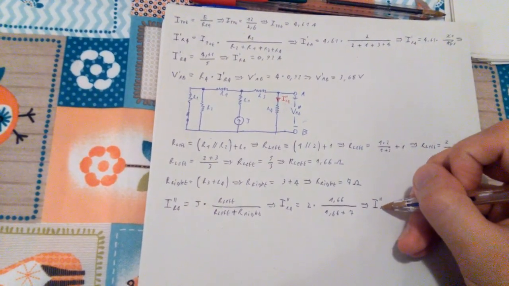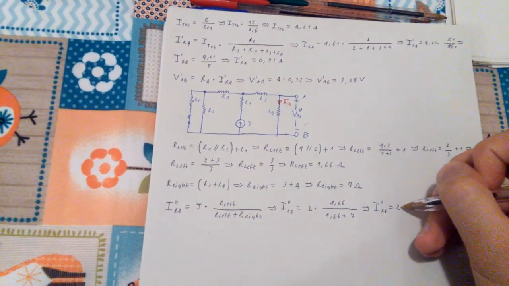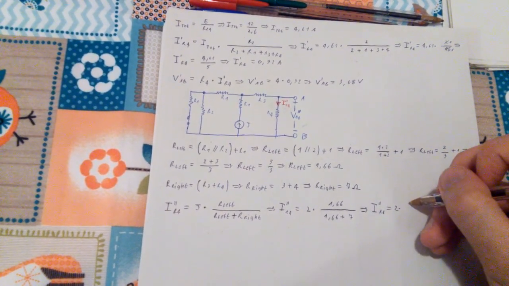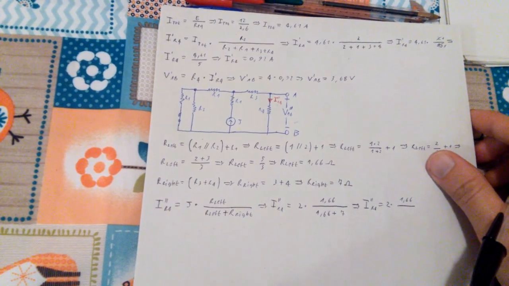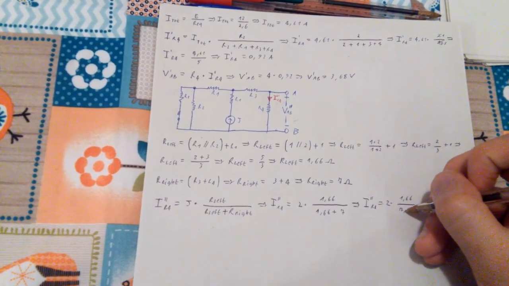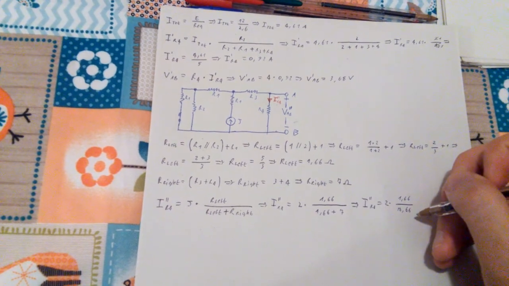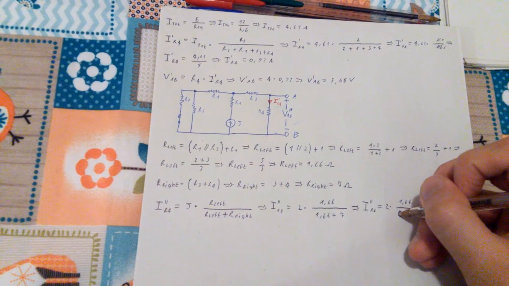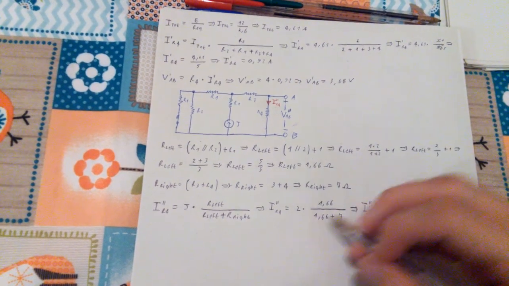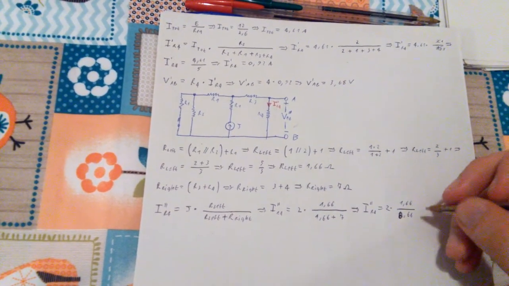So I second R4 is going to be given by 2 times 1.66 over, well, 7 plus 1.66.